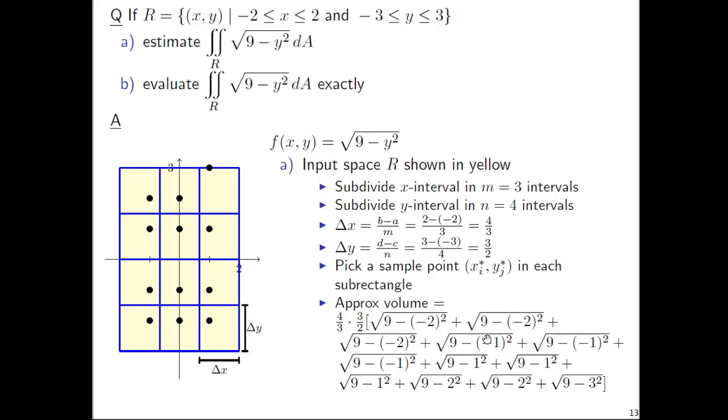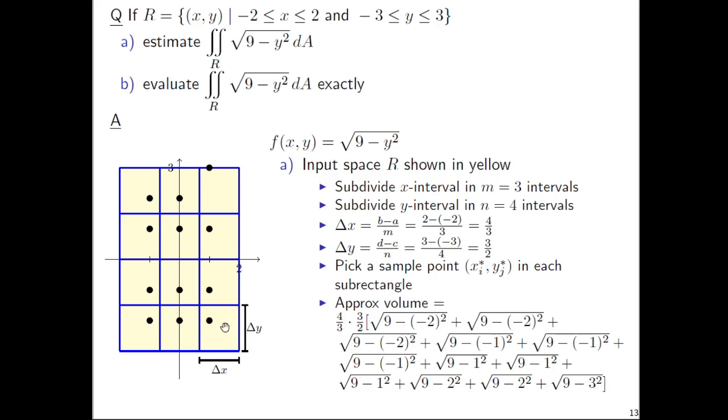Let's try this again: root 9 minus y squared. Okay, so -2 is right here on the y-axis. That's why you see root 9 minus -2 squared written 3 times.